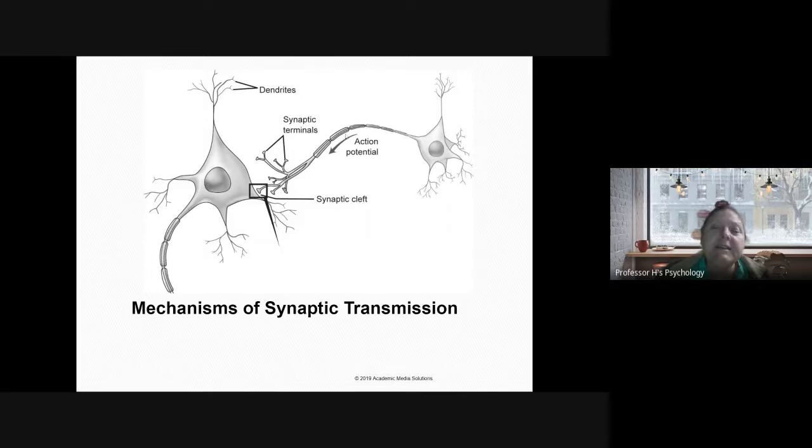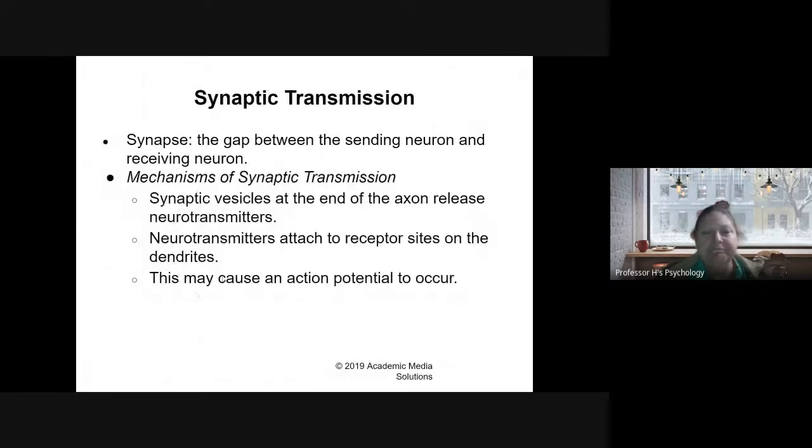It sent its signal down to the terminal buttons, and here at the synapse it's releasing those little vesicles, which are going to merge with the cell wall and then drift out into the synapse. Then receptors on the membrane of this other cell are going to be stimulated by that neurotransmitter, as long as it's the same type of cell. And then it would just keep on going down the line.